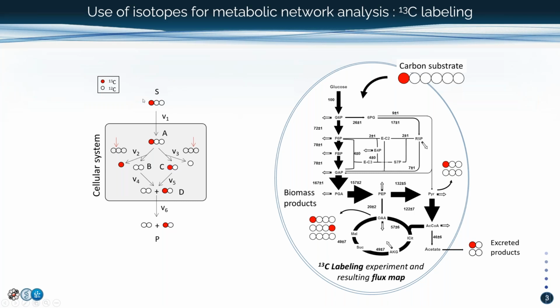you have an example at the left of two different, really simplified pathways with different enzymatic reactions modifying A into D. Because we know that there is this difference in terms of carbon skeleton reorganization, by analyzing the products of these different pathways, which is P, and the difference between the proportion of those two labeling forms, we can actually decipher and quantify the proportion of the two pathways.